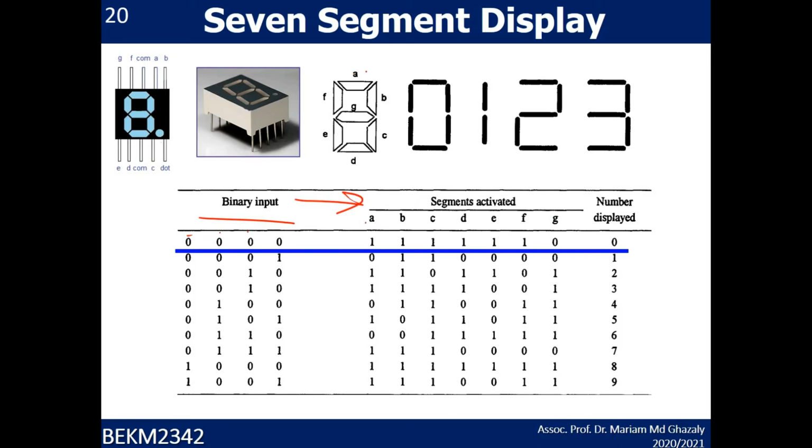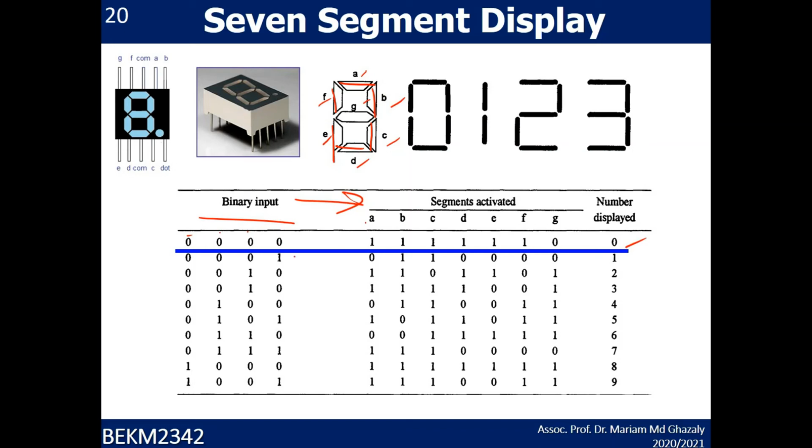A is this value: A, B, C, D, E, F, and G. For example, if you have a binary input 0000, it is going to be converted to the segment activation that displays the number 0. So the values for A, B, C, D, E, F are 1 and G is 0. You have these values activated, so it will display the number 0.